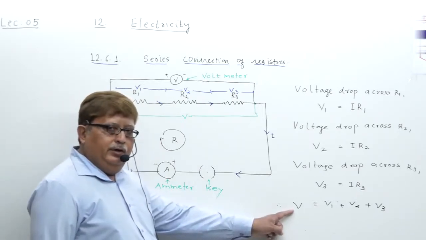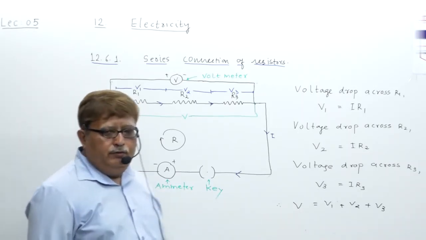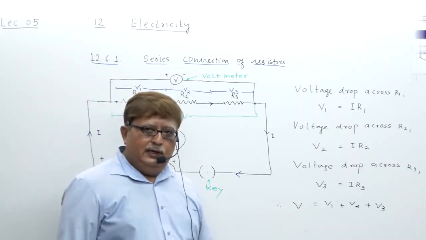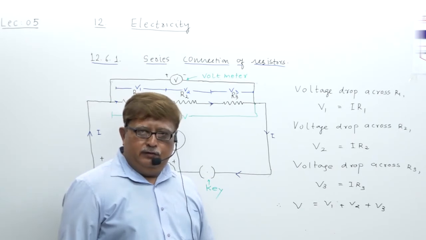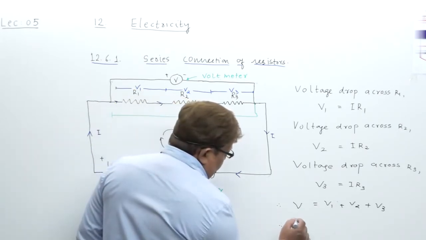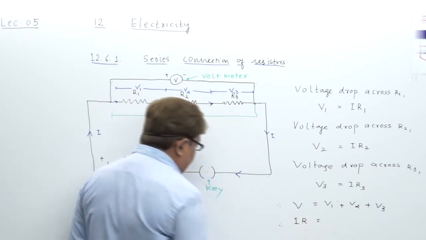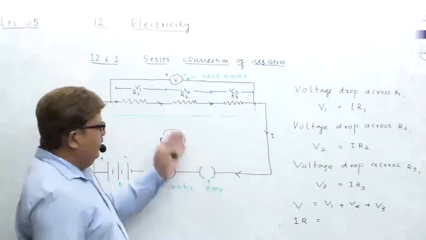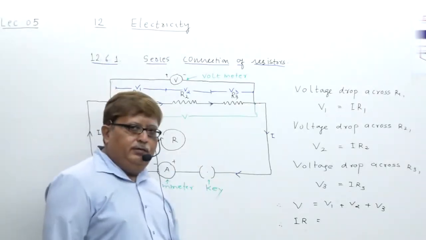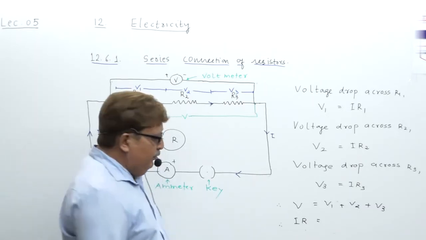Again, according to Ohm's law, in place of V, I can replace IR. Yes. So, IR. What is I? That you all know. What is R? So that is the equivalent resistance of all three resistors.